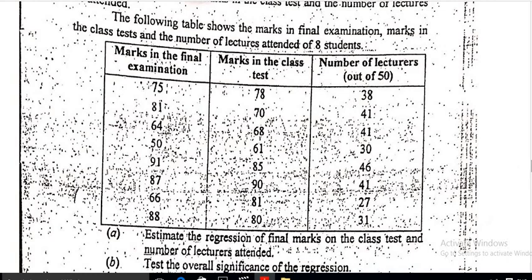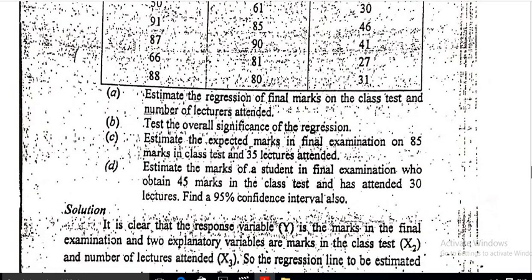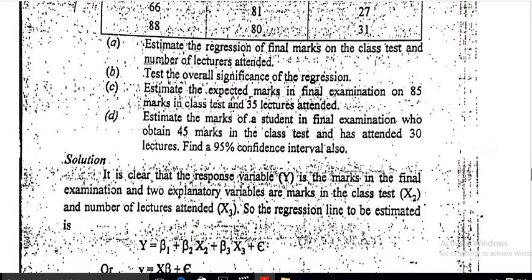Here we have supposed that the marks of the final examination depend on marks in class test and number of lectures attended. We have to estimate the regression coefficients and test the overall significance of the regression model. Estimate the expected marks in final examination on 85 marks in the class test and 35 lectures attended.